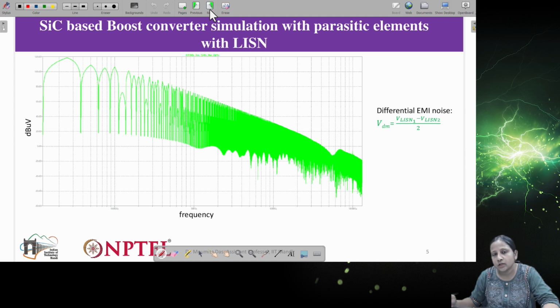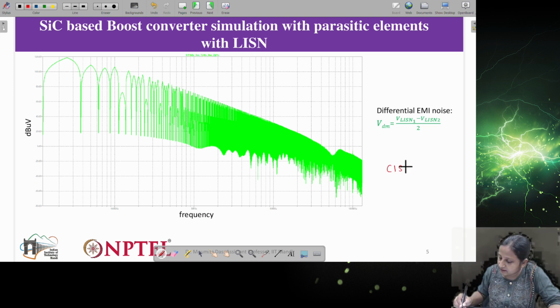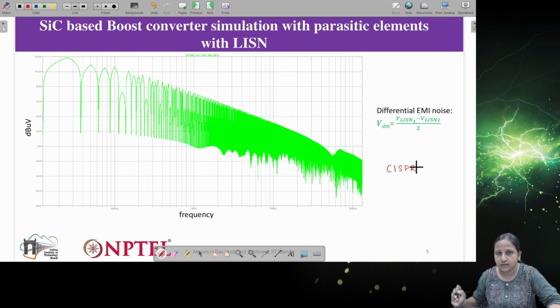How is that possible? Whether a filter is required or not, we can get from the standard limit. We need to compare these different noises with the given standards. You already know the standard, CISPR is the standard which we generally follow. There are other standards also, but generally we follow CISPR.